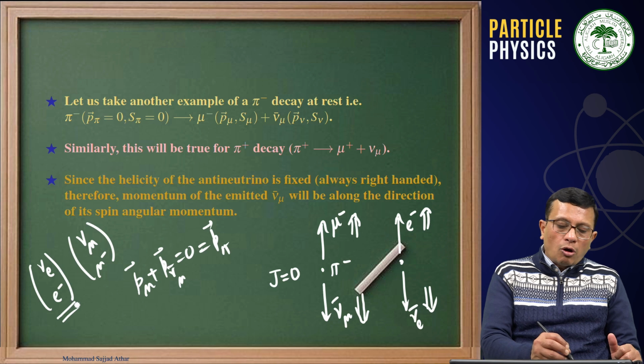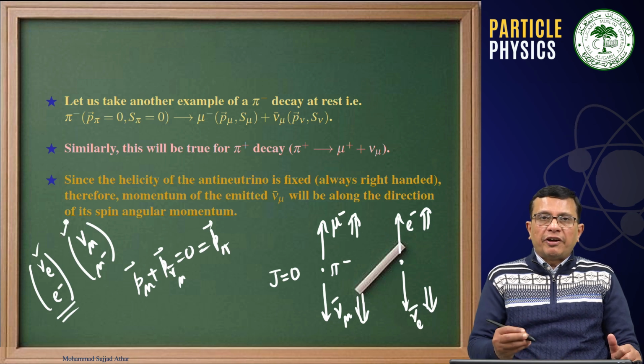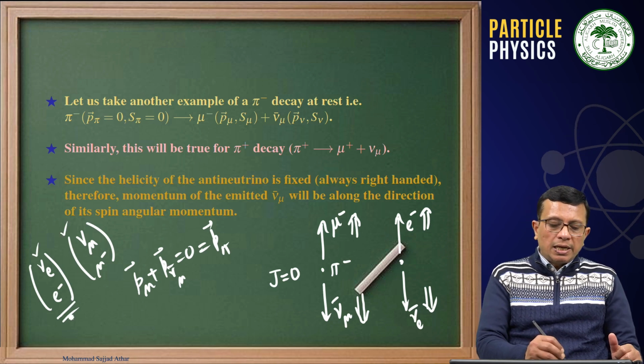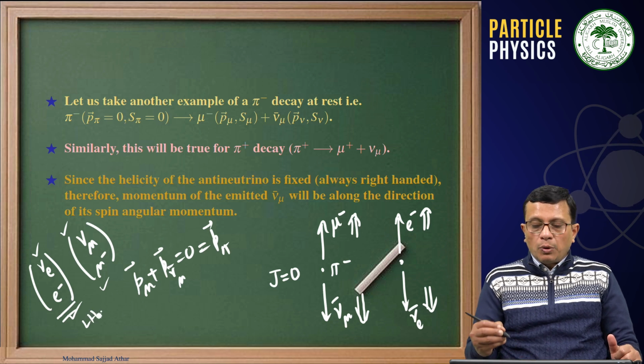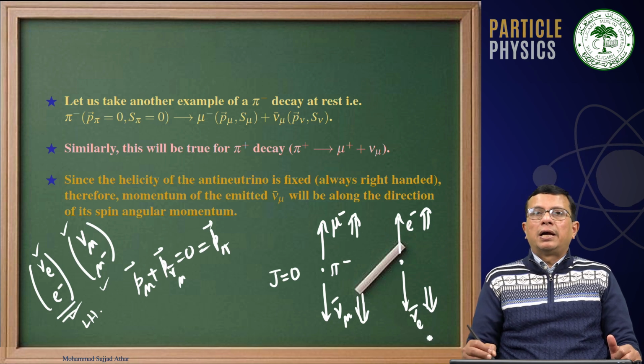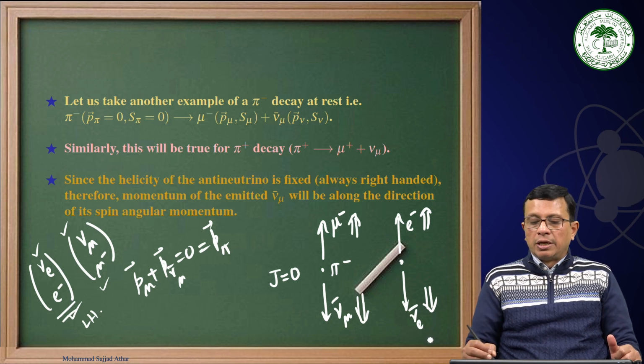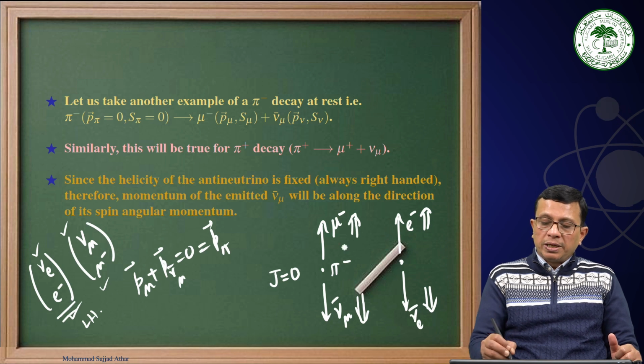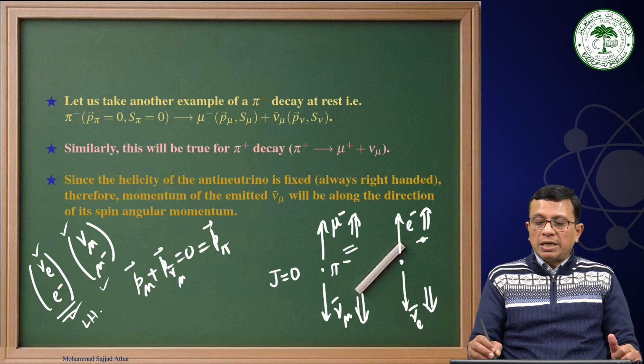And now all neutrinos are left-handed. Therefore, it was expected that the electron and muon should also be left-handed. But here what is happening? The emission of antineutrino, which is always right-handed in nature, is forcing the muon to become right-handed, or forcing the electron to become right-handed.